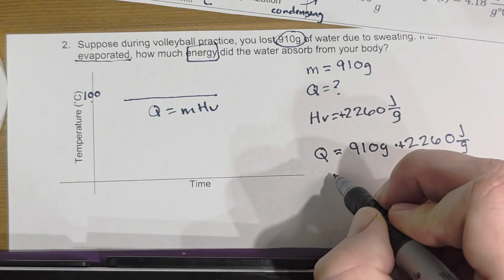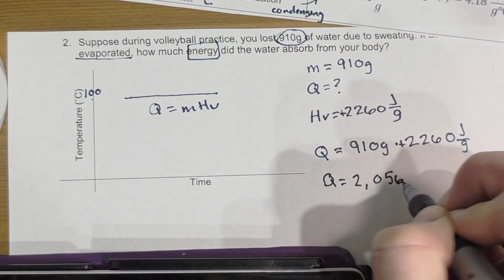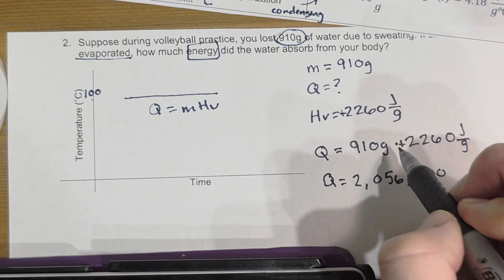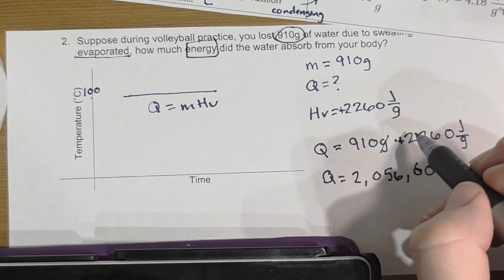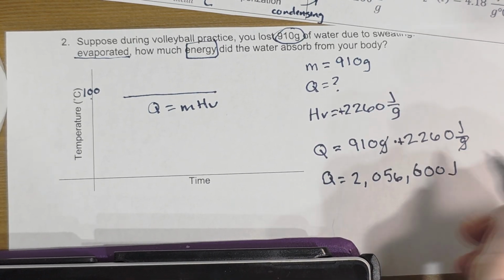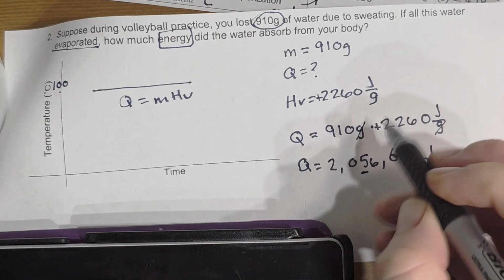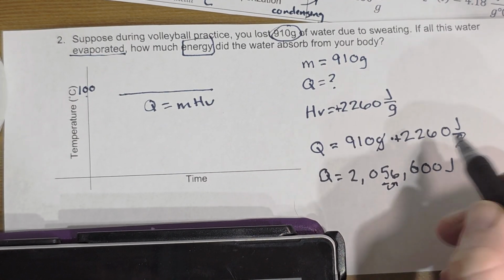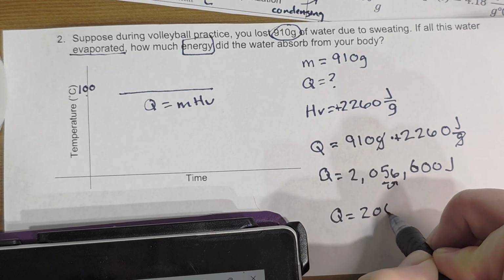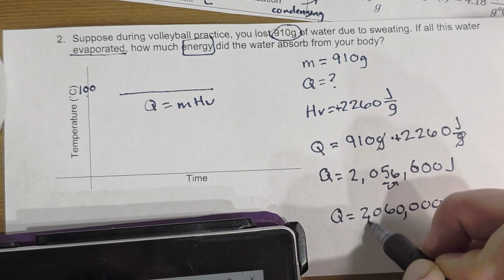That makes a lot of sense. So I have Q equals 2056600, and since up here I have joules over grams and grams, what I'm left with is joules, and I want to make this 3 sig figs. My third spot is right here. What's next door is a 6. So I'm going to write this out as Q equals 2060 joules.